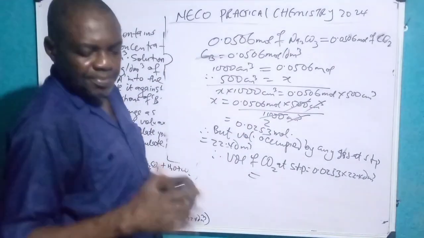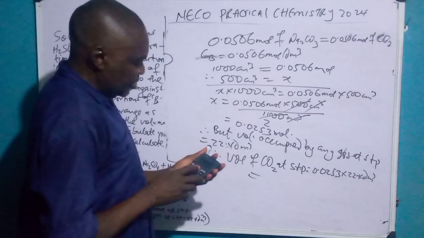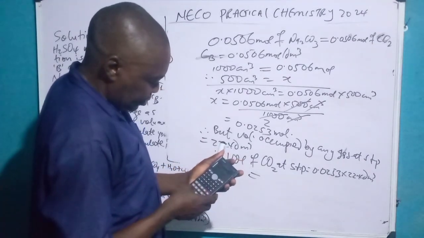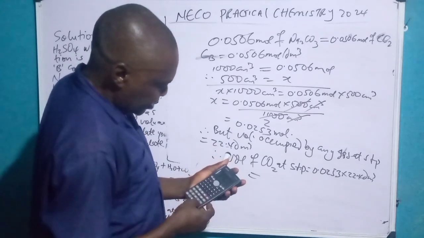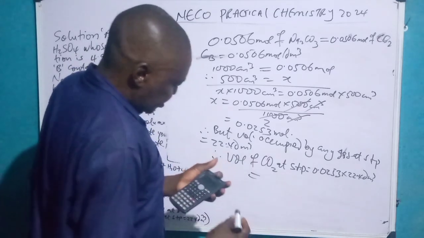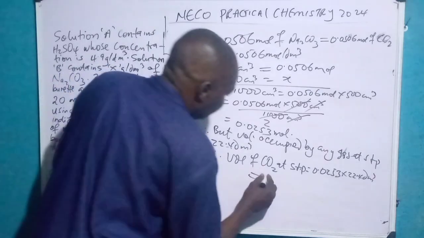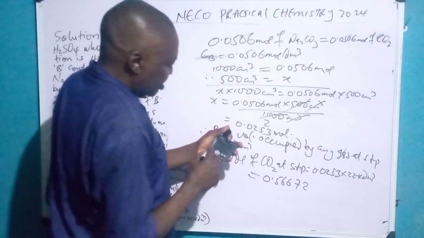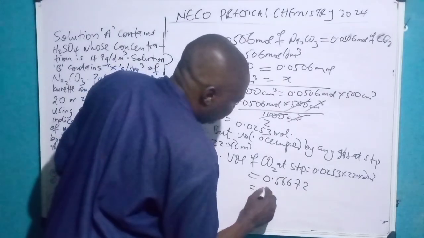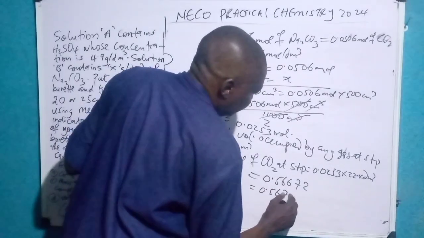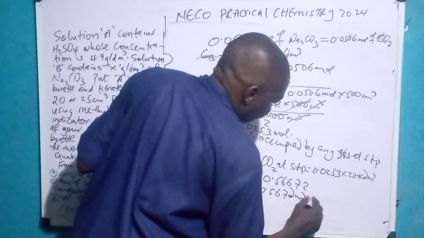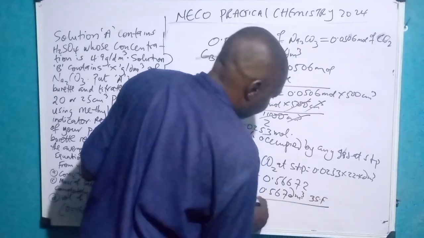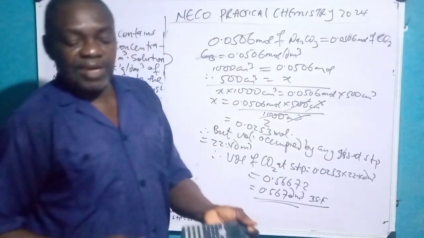Let's see what we have. 0.0253 times 22.4 gives you 0.56672. If you leave this one for them, they'll mark it wrong. So you have to put it to 3 significant figures, which is 0.567 dm3. So that's how you carry out this kind of calculation.